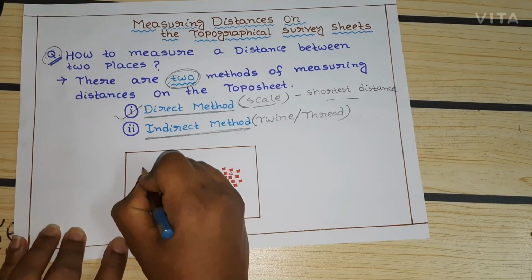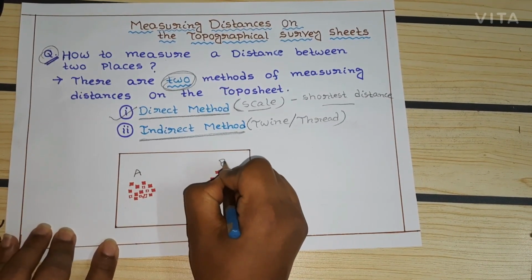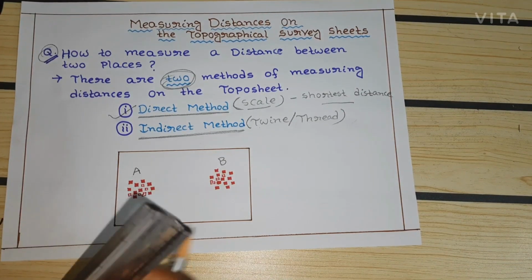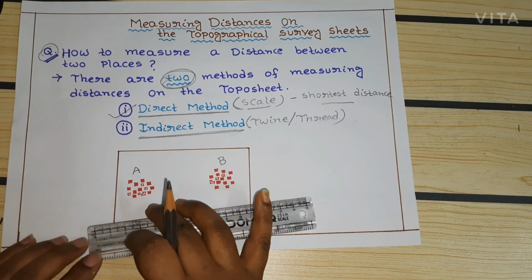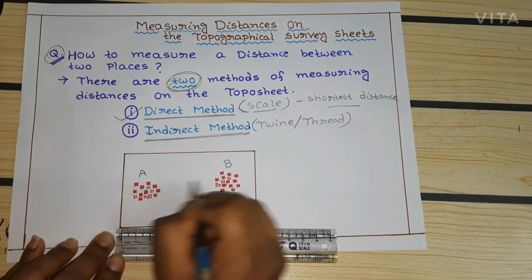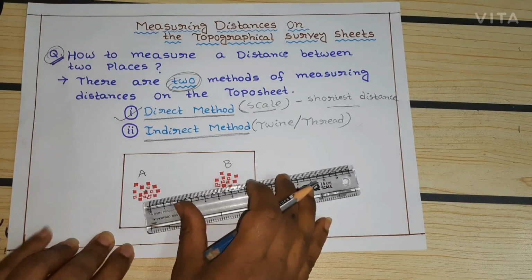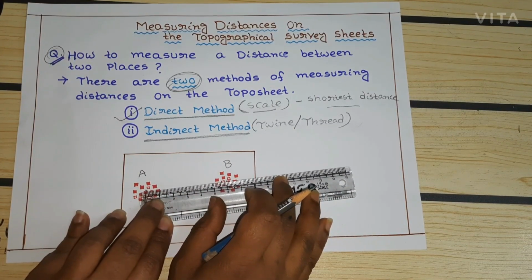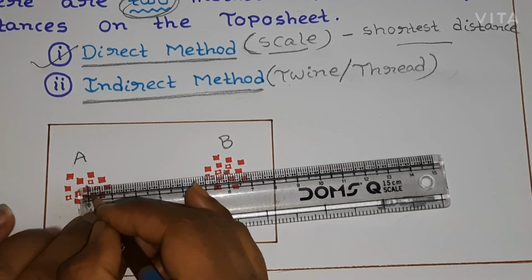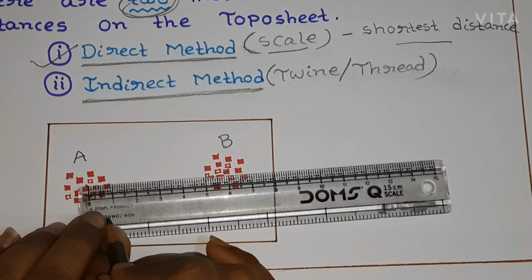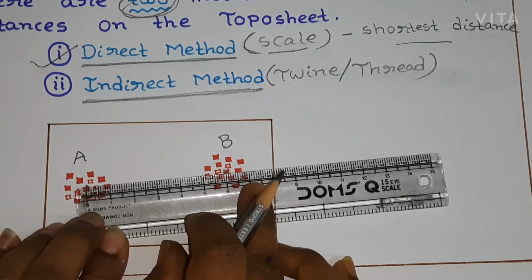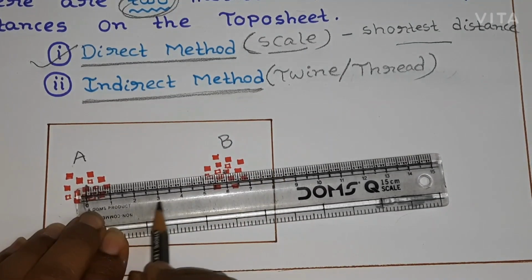I'm giving a name here: settlement A and settlement B. So what you need to do, you need to place one side of your scale in the center of the settlement A. Firstly, find out what is the center point of the settlement A and what is the center point of the settlement B. Then place your scale here, in the center of the settlement A and the other in the center of the settlement B. So now measure the distance with the scale in centimeters.